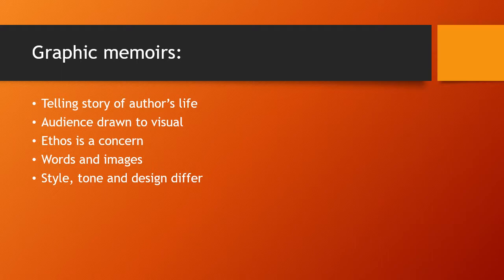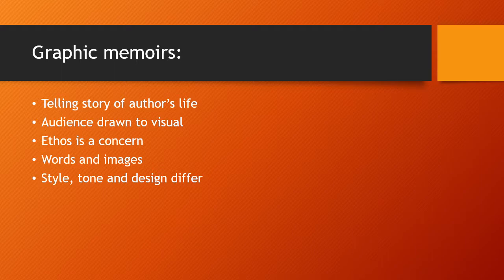Typically, graphic memoirs are a connection of words and images, and depending on the sort of graphic memoir that's being produced, the style, the tone, and the design are going to differ a little bit. So somebody like Alison Bechtel, who is going to show up in the reading and the text, tends to overlay her words directly over the panel, whereas other graphic artists might not do something like that.